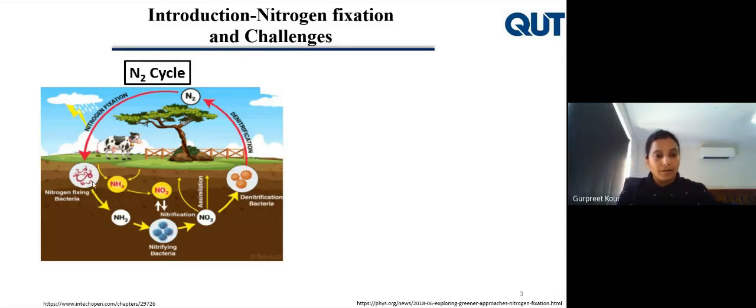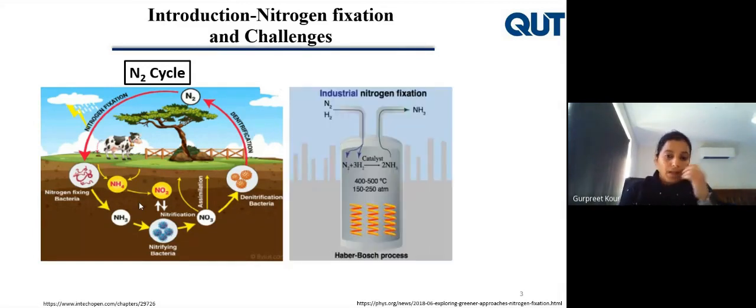Here we are very much interested in this process of nitrogen fixation, where nitrogen is converted to ammonia. This is a biological or natural process of fixing nitrogen to ammonia. Also, on industrial scale, we have the Haber-Bosch process where nitrogen is converted to ammonia.